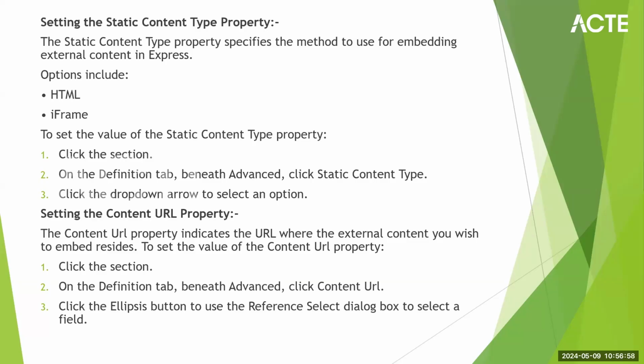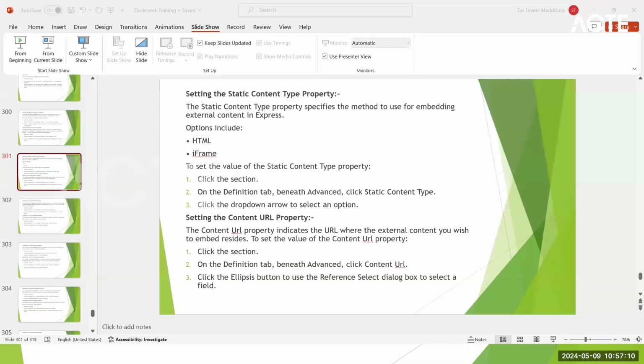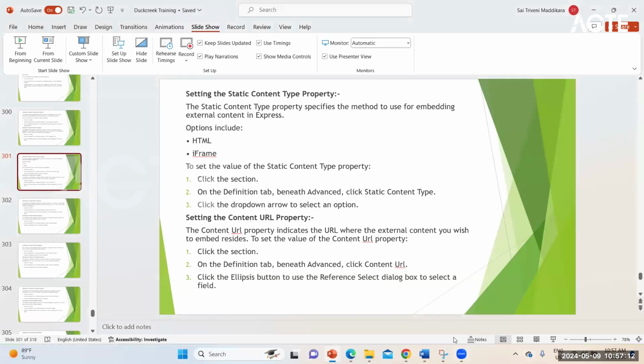Setting the content URL property. The content URL property indicates the URL where the external content you wish to display resides. Previously I showed the Zoom meeting link, right?